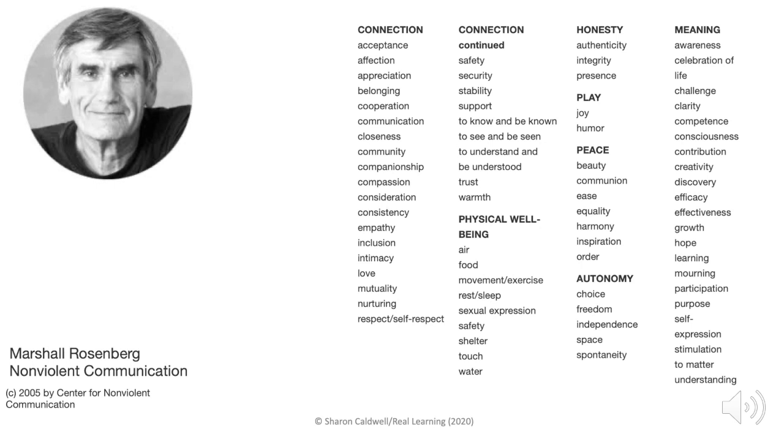But he's not so much interested here in physical needs, although there are some here: air, food, movement, rest for adult, sexual expression, safety, shelter, touch, and water, which would coincide with Montessori's physical needs to some extent.